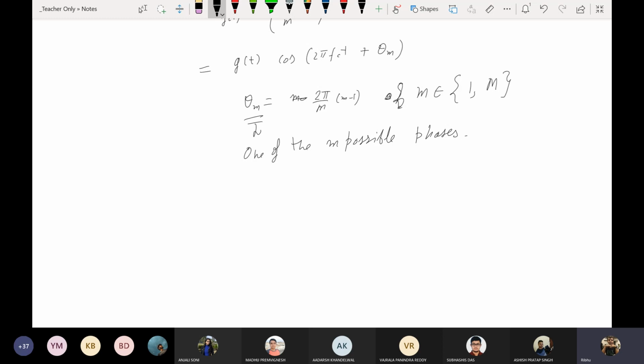Now for all m, E_s or E_m equals this, which is obvious.